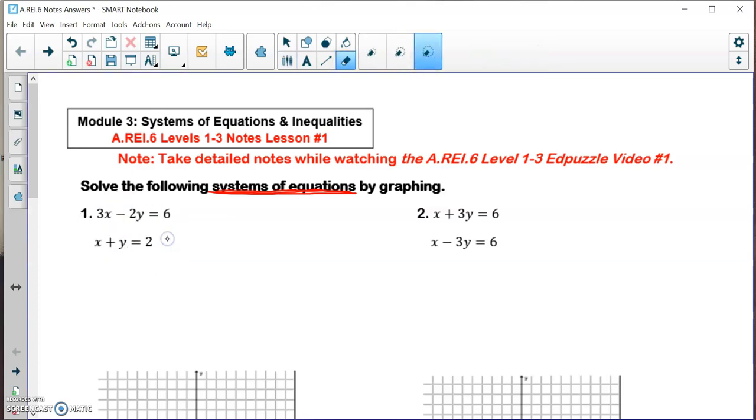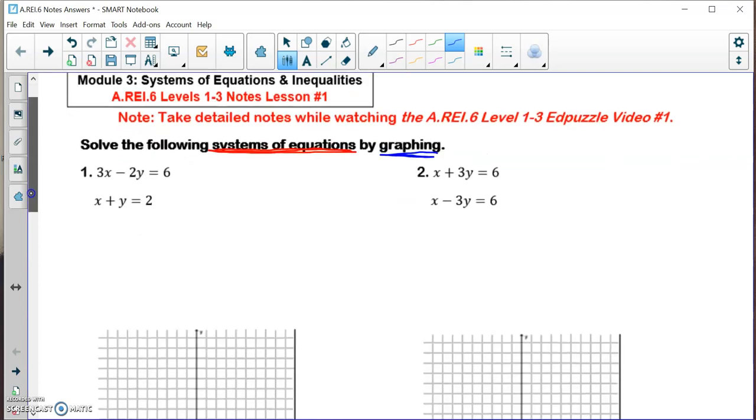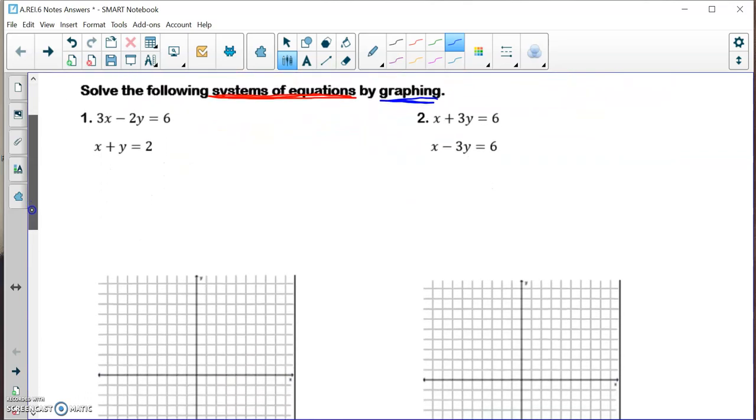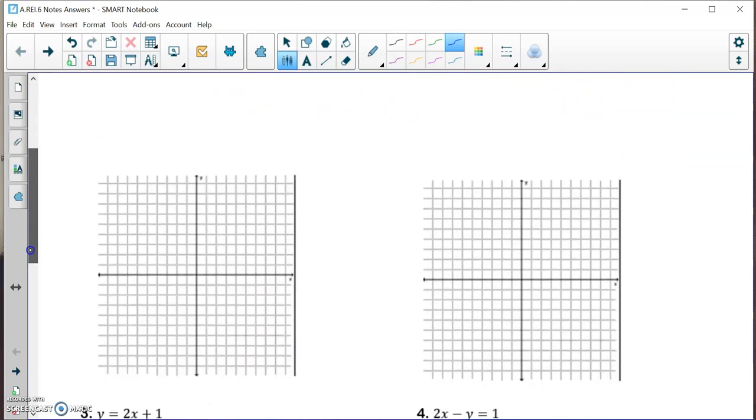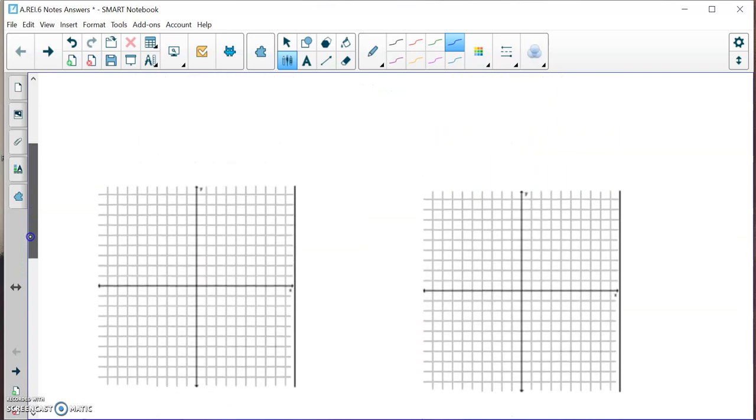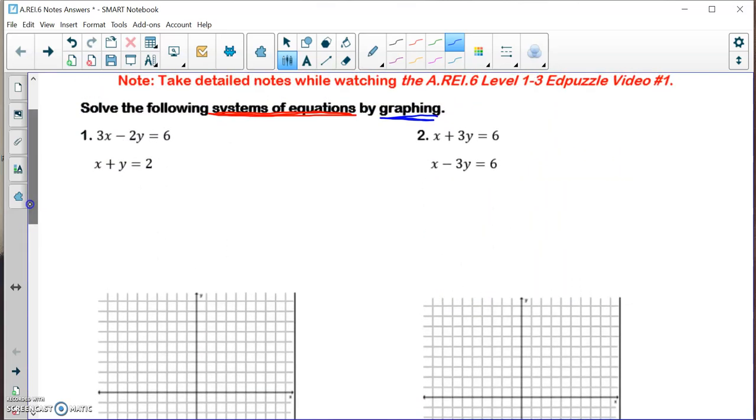If we are trying to find the solution by graphing, we graph. In numbers 1, 2, 3, and 4, we need to put each of these equations into slope-intercept form. A reminder, slope-intercept form is when we have y isolated.